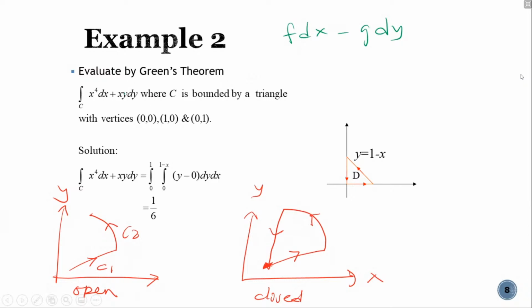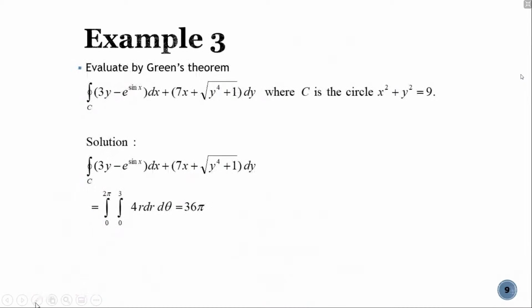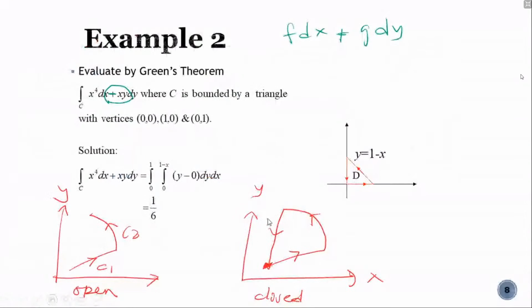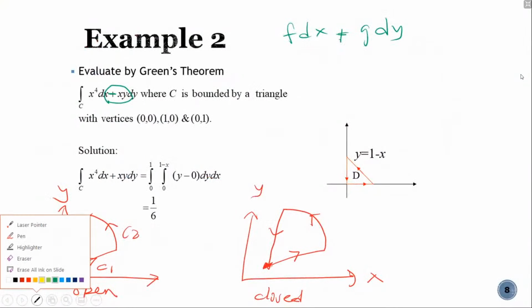If here you have minus, meaning your g is it plus. If you have minus, meaning this entire negative xy should be the dy. Okay, refer to your function lah.